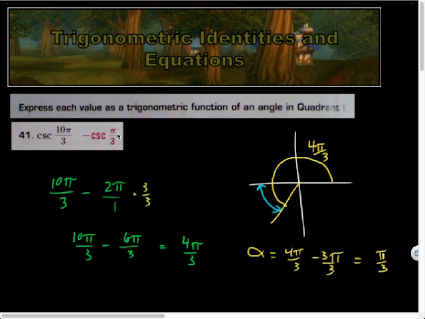We've also got to figure out whether we're positive or negative in this quadrant. Now, cosecant is the reciprocal of what function? Sine. And sine is positive here and here, and negative here and here. So its reciprocal will likewise have those values.